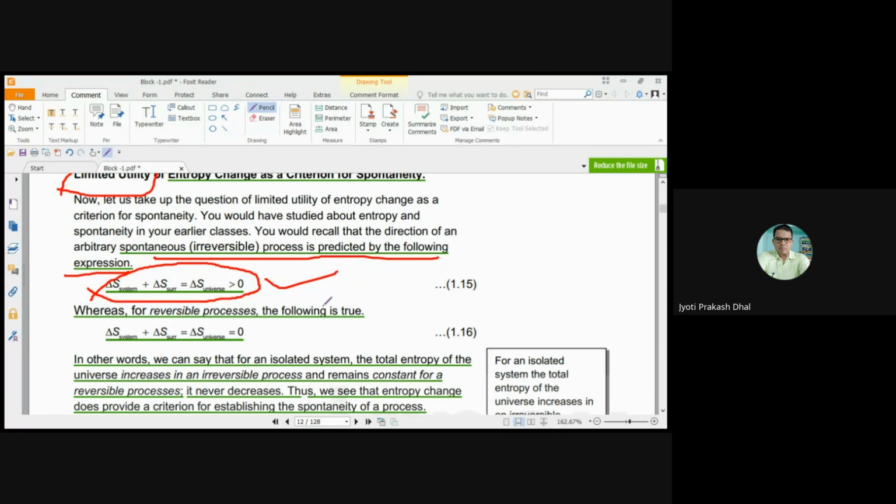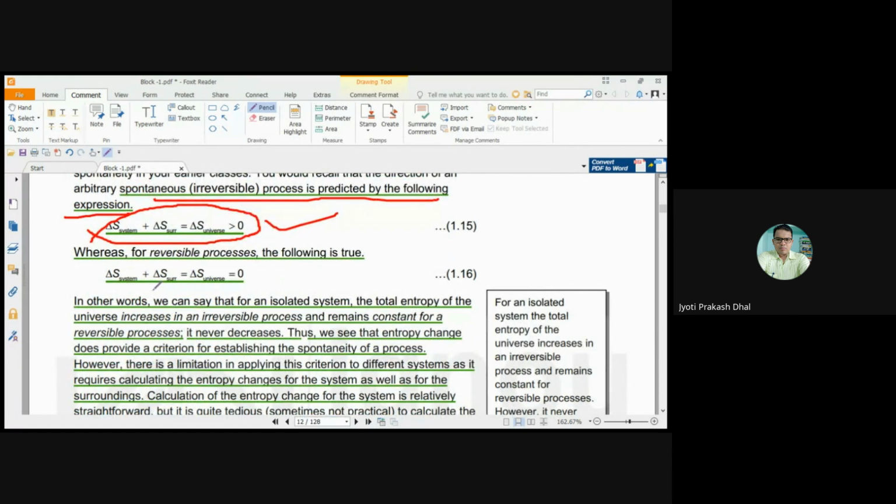So for an irreversible or spontaneous process, the total entropy of the universe, delta S universe, is greater than 0. But for a reversible process, delta S universe, that is delta S system plus delta S surroundings, equals 0.